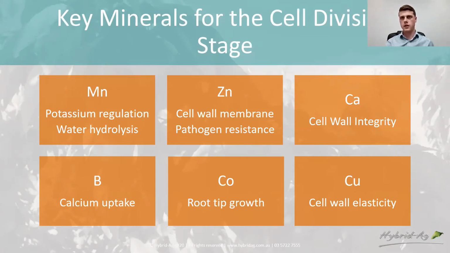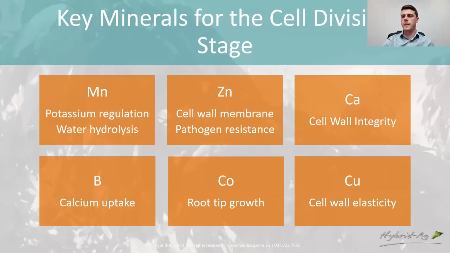Recent research indicates the plant needs manganese to control the concentrations of cations in the sap. It's also important later on, and we'll touch on it again, for water hydrolysis.